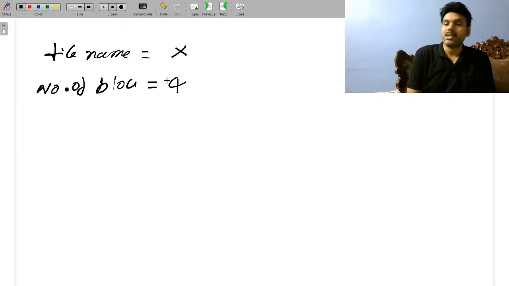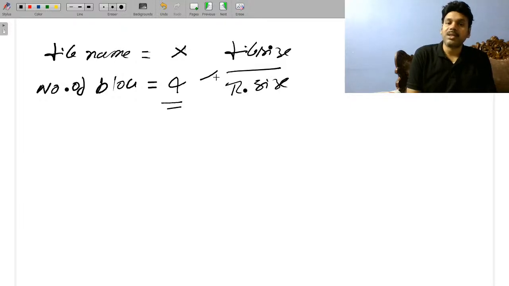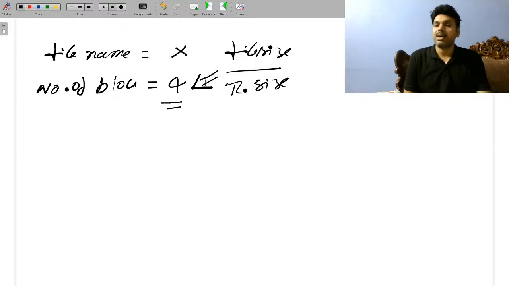The number of blocks I said was 4. Why 4? Because your file size is divided by your record size. Using that equation, we assumed that 4 blocks are sufficient for me.